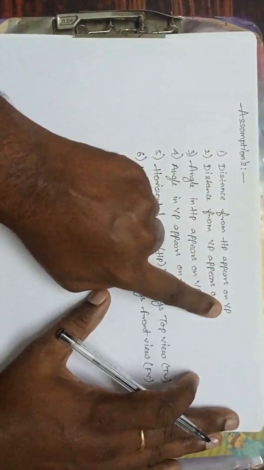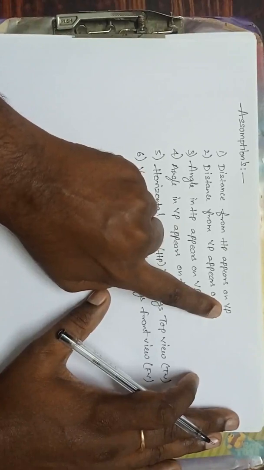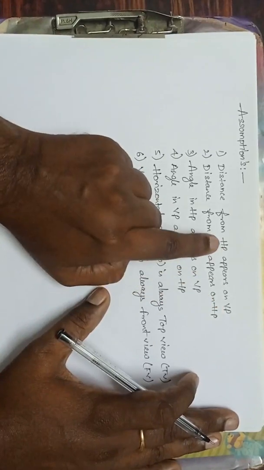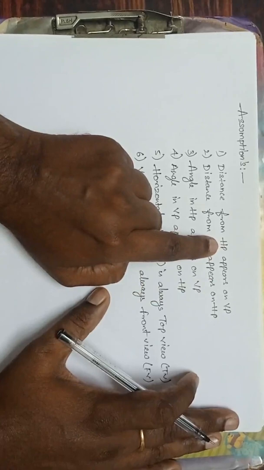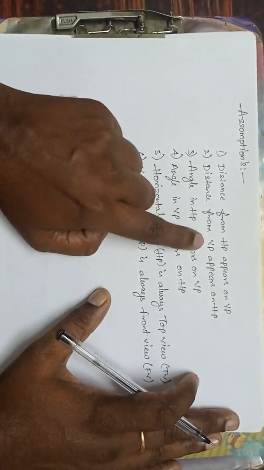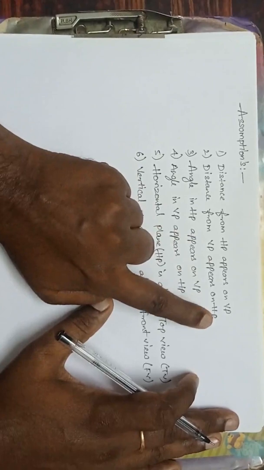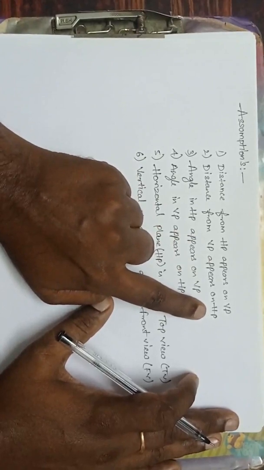Suppose he gives some gap above the HP or in front of the VP, that will be reversed. The gap above the HP appears on the VP, and the distance in front of the VP appears on the HP. Yes, we know that. We have studied that in points.